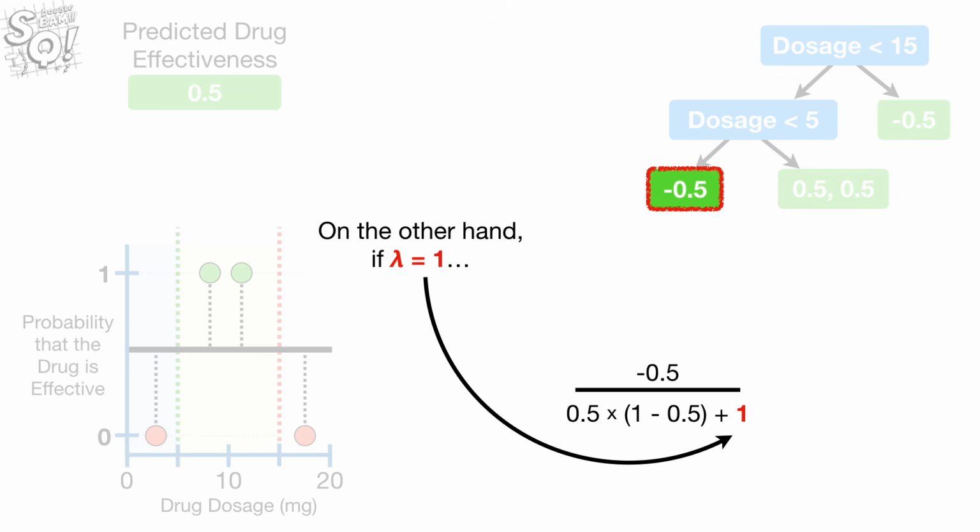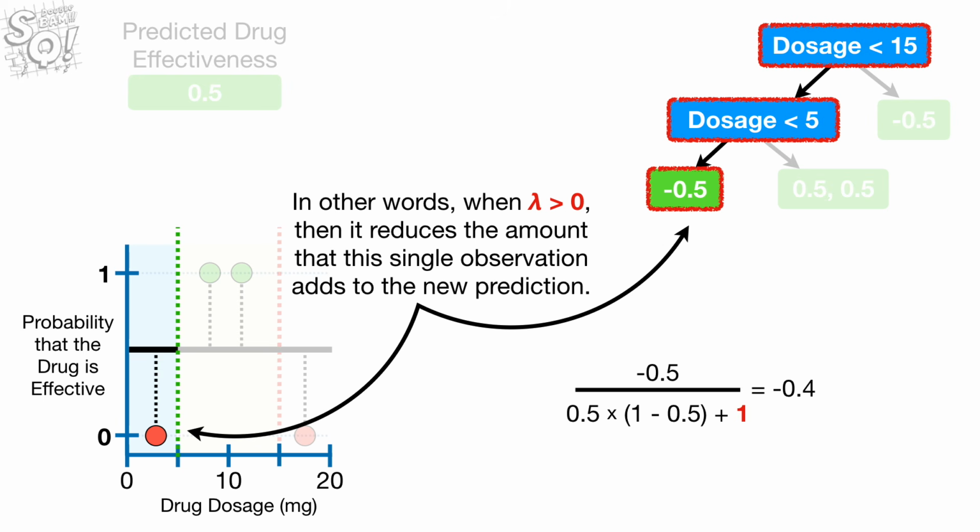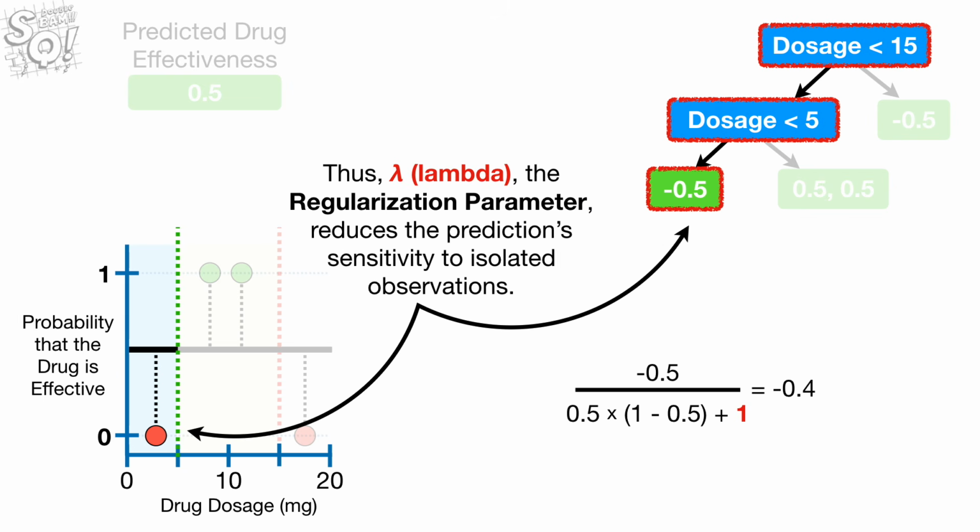On the other hand, if lambda equals 1, then the output value equals negative 0.4, which is closer to 0 than negative 2 when lambda equals 0. In other words, when lambda is greater than 0, then it reduces the amount that this single observation adds to the new prediction. Thus, lambda, the regularization parameter, reduces the prediction sensitivity to isolated observations.